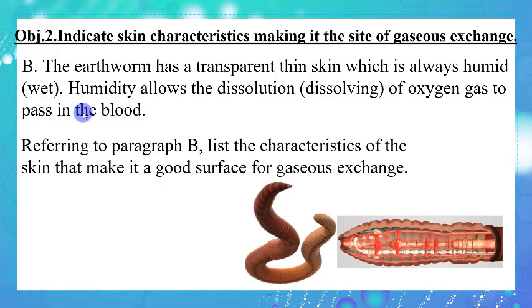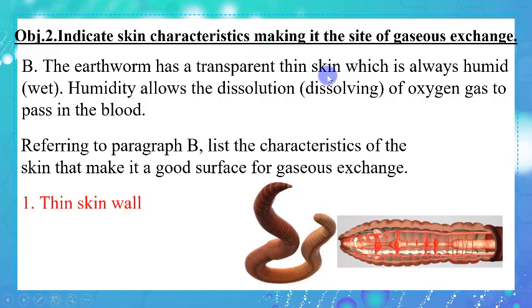Referring to paragraph B, list the characteristics of the skin that make it a good surface for gaseous exchange. Now let's read the paragraph again and pick up the characteristics of the skin. Here, the earthworm has a transparent thin skin. Thin skin, this is the first characteristic.